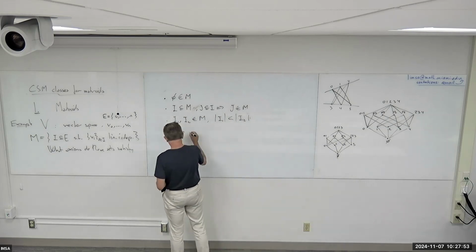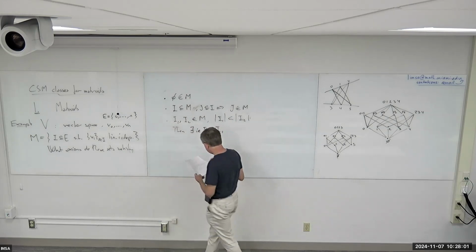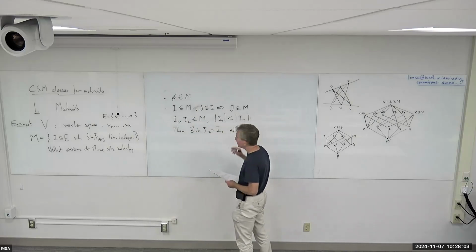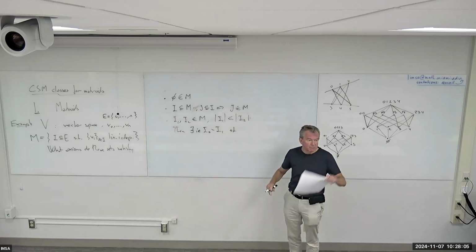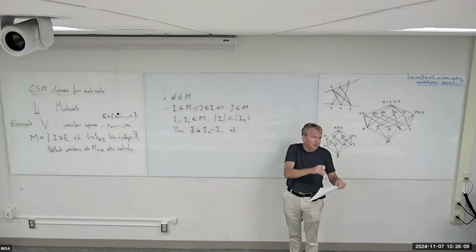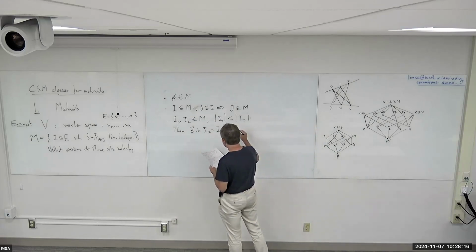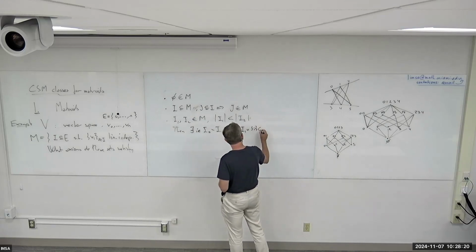So there exists one index, such that I1 union that index is independent. Do you mean one is included in the other? No, just I have 4 vectors here and 5 vectors there, and I can take one of the 5 vectors and add it.